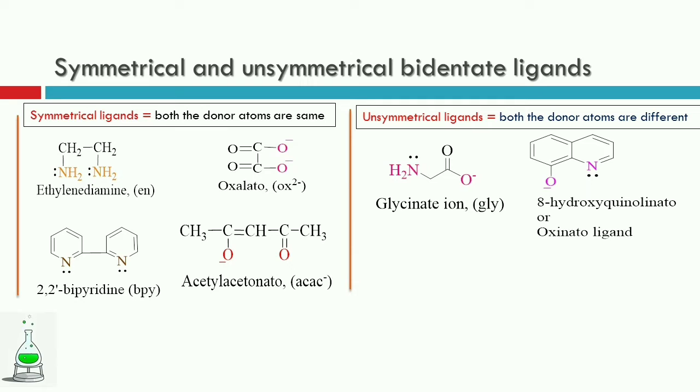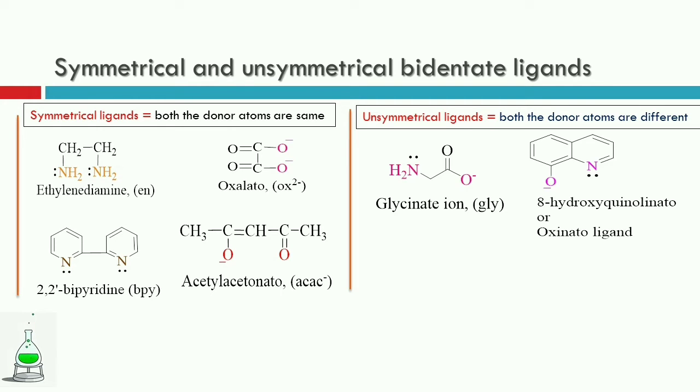In ethylene diamine, both the donor atoms are the same, that is nitrogen. In the oxalato ion, both the donor atoms are oxygen, and in 2,2 bipyridine, again both the donor atoms are the same, and in the last example, acetylacetonato, the donor atoms are oxygens.